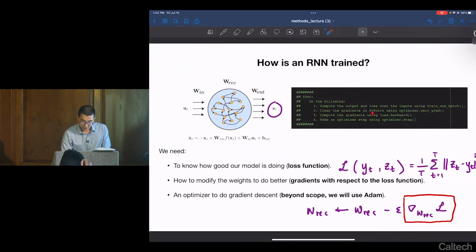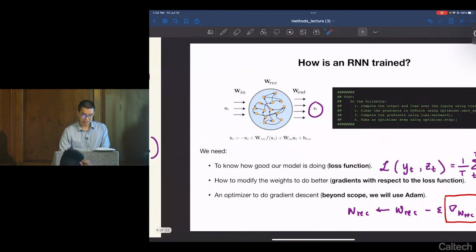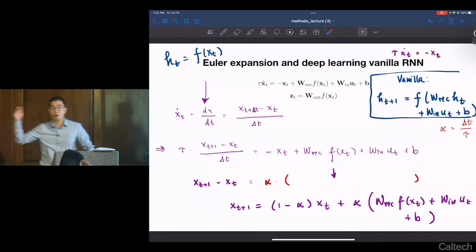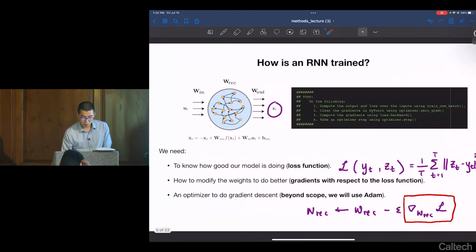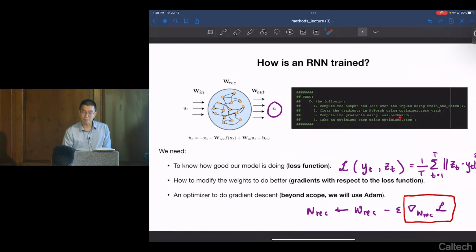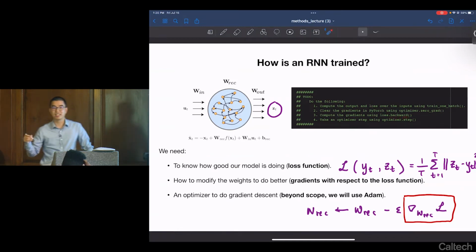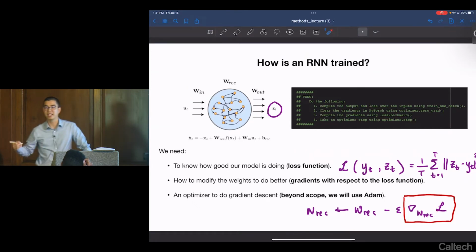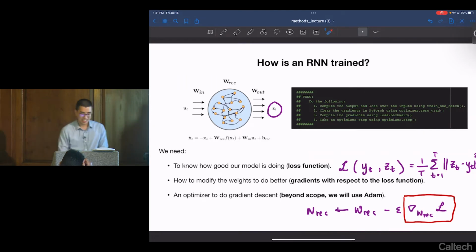In PyTorch, after you define the forward pass, which is what we derived over here, the way to go from inputs to outputs, PyTorch will keep that forward pass and represent it as a computational graph. It has a function called dot backward, which takes the gradient of anything in that forward pass with respect to the loss that you want. So PyTorch really simplifies our lives by giving us the gradients of the loss with respect to any node in our network. That's why, as long as you know the forward pass, you can already do all the PyTorch training.